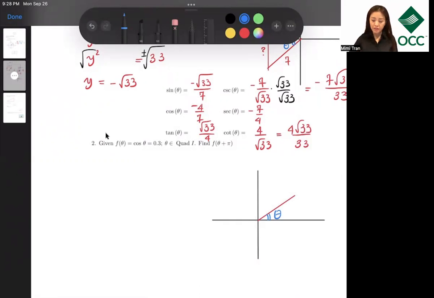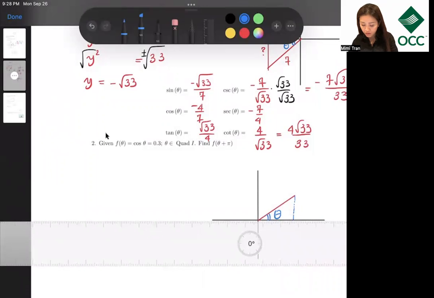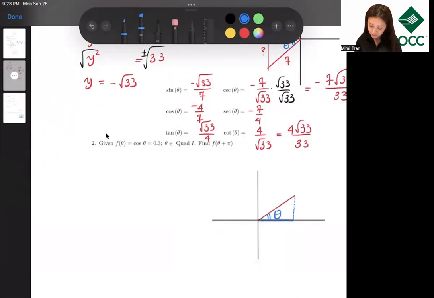So that means this bit right here has a length of 0.3. That one I highlight in blue, so you can see. 0.3. Right. Now they want you to find f of theta plus pi. Well, pi is equivalent to 180 degrees, right?